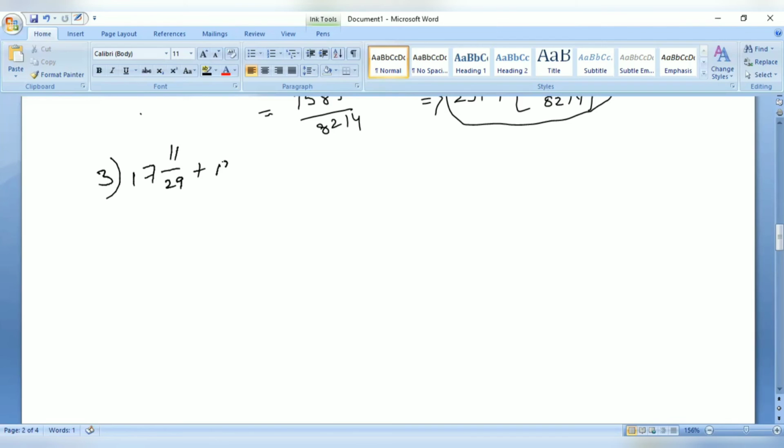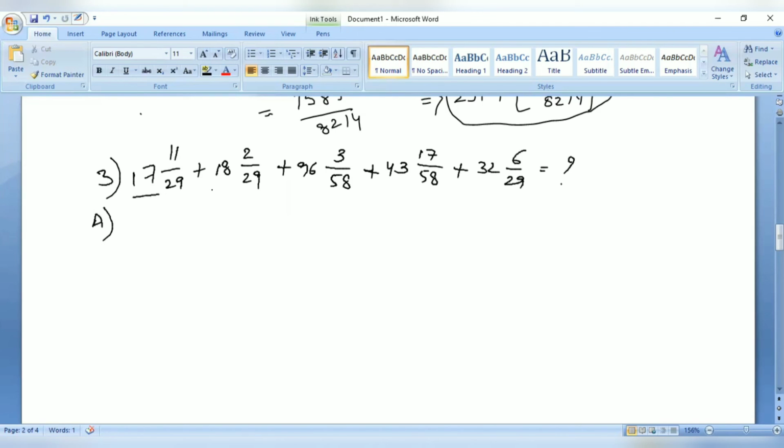There is another question: 18, 2 by 29 plus 96, 3 by 58 plus 43, 17 by 58 plus 32, 6 by 29. So now what is the value? Now let us see how we are going to solve this question.